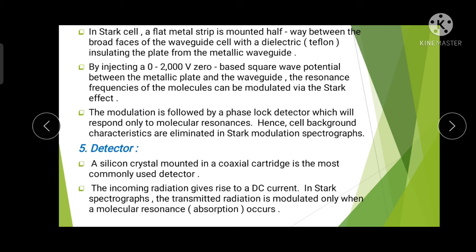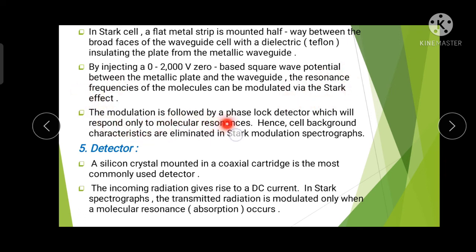That means we provide a 0 to 2000 volt square wave potential in between the metallic plate and waveguide, so that the resonance frequency of the molecule is modulated, and all this happens by the phenomenon of the Stark effect.